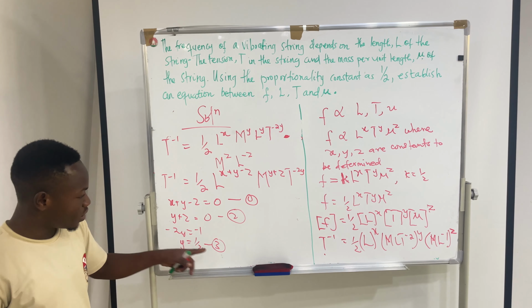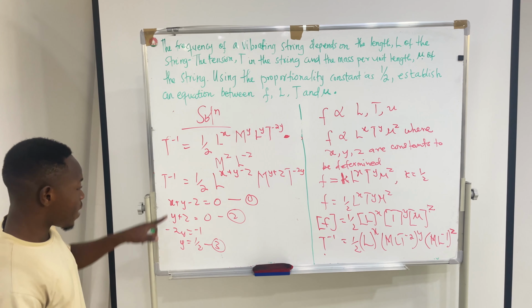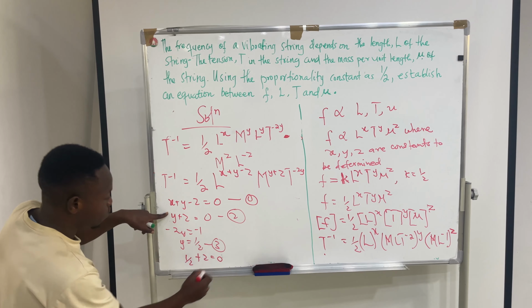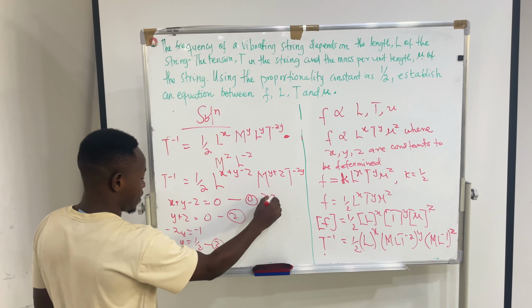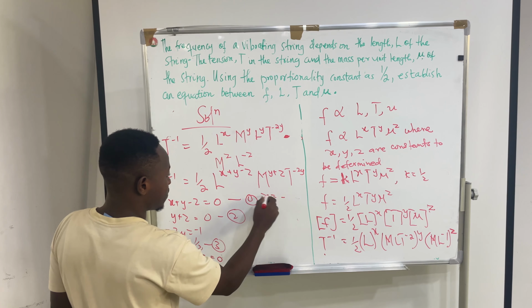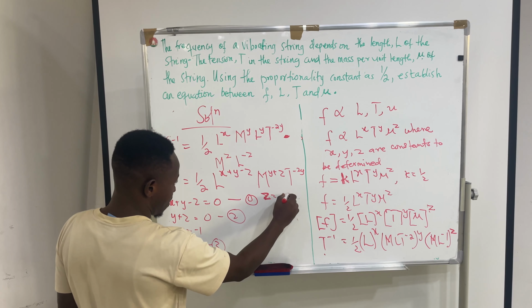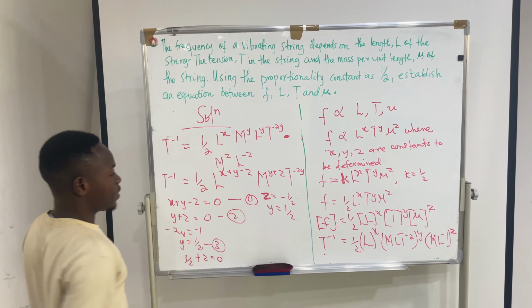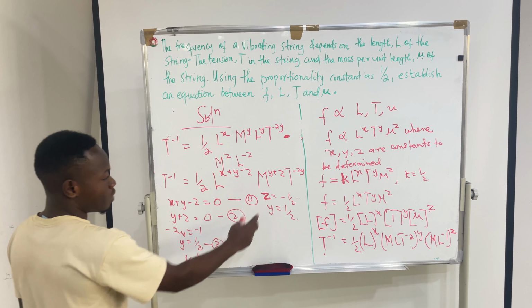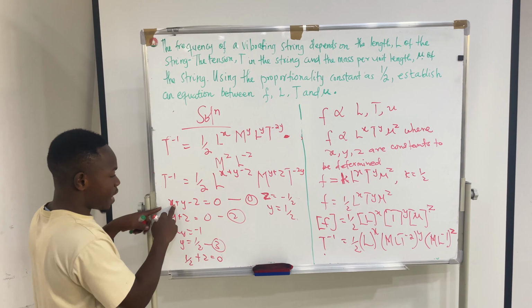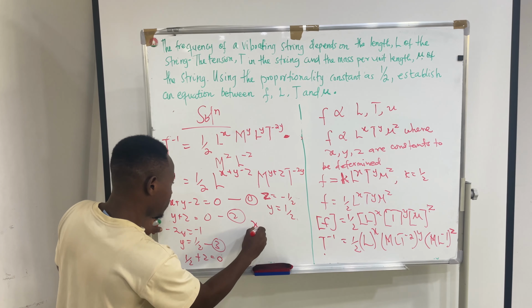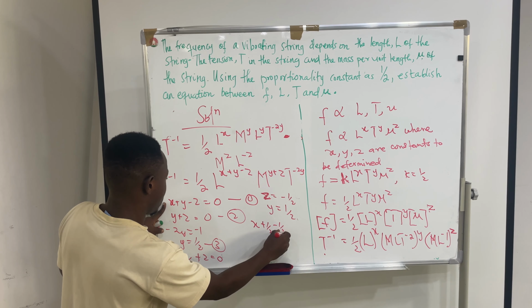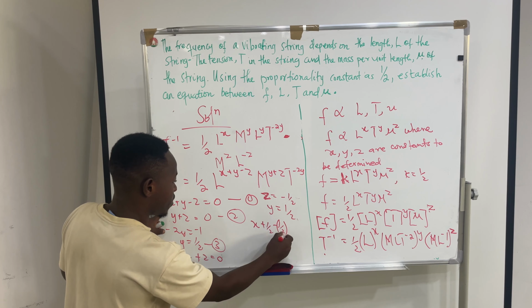So I'm going to substitute equation 3 into equation 2 to get z. So my equation 2 becomes y is now half, plus z equals 0. So now my z is negative half. So now I know z is negative half, I know y is half. Now I can find my x by substituting both z and y into equation 1. When I do that, I'm going to get x plus half minus half minus half equals 0.